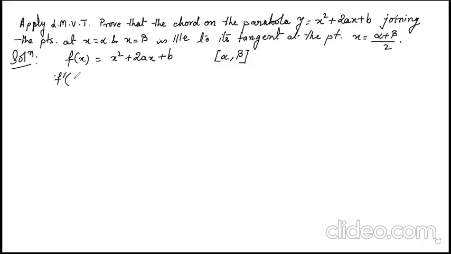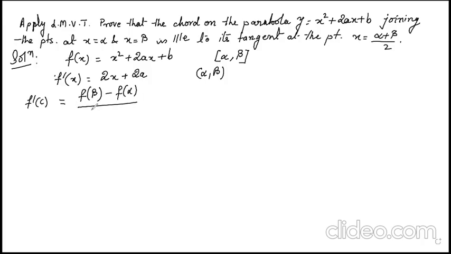Next, derivative. Let us find f dash x. It is 2x plus 2a. So obviously the derivative also exists in the interval alpha, beta, having finite values. All right, so we can write f dash c equals f(beta) minus f(alpha) divided by beta minus alpha.